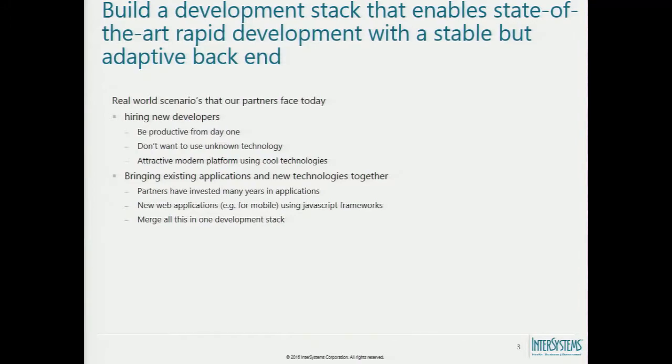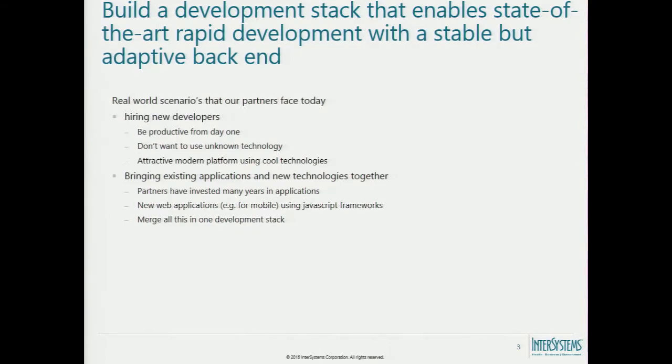So one of the benefits is, I guess you have all been using Caché a long time. You have a lot of developers. They all know Caché ObjectScript. And now maybe you want to hire new developers. You want to make some mobile apps. And hiring those new developers is a bit hard. They know a lot of web technologies. They don't necessarily know a lot of our technology. So you have to train them. They will not be productive from the first day.